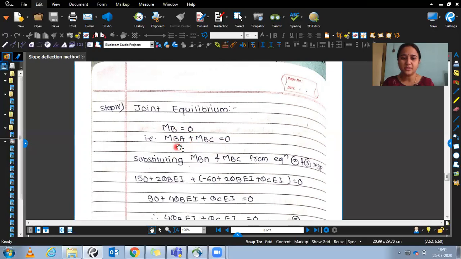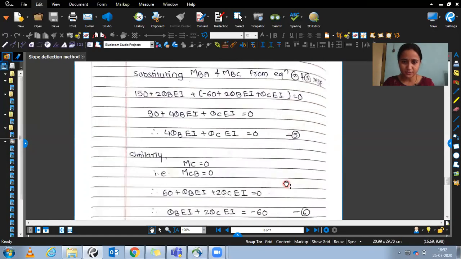So we will substitute the equations that we have got from the slope deflection equation, MBA and MBC, into this joint equilibrium equation equal to 0. So this is the derivation for MBA, and this is for MBC.